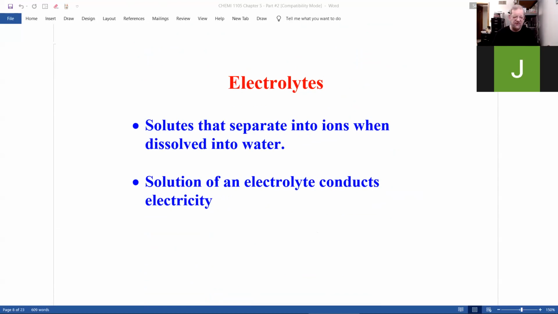Click, switches off. There's something called electrolytes, which, if you ever bought Gatorade and saw their commercials, it's got electrolytes. Those are solutes that separate into ions when dissolved in water, and most of those, not all, are salts. A solution of electrolyte conducts electricity.